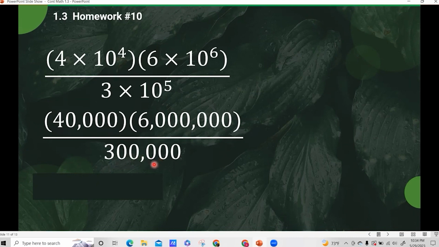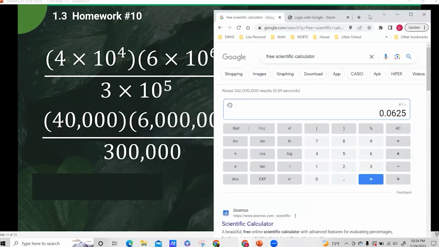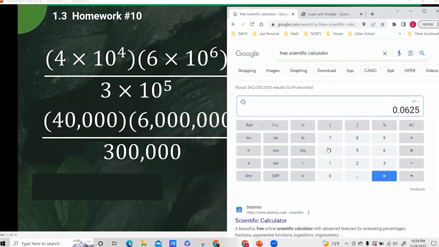Now this is where you grab your calculator. So let's grab the calculator again. All right.